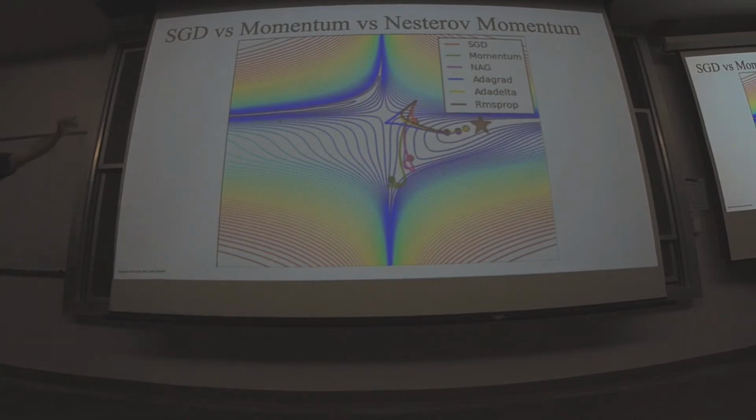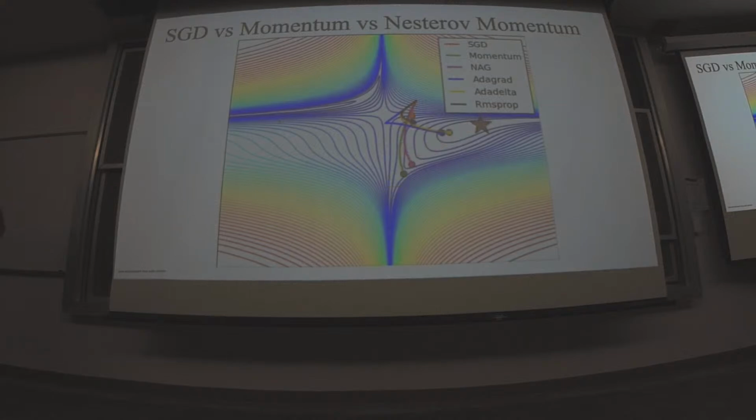But anyways, there you see here's what SGD would do, here's what momentum would do, and so forth: Nesterov momentum, AdaGrad, and RMSProp. All using the same initial learning rate, and you get some sense of how these dynamics work. What is NAG?